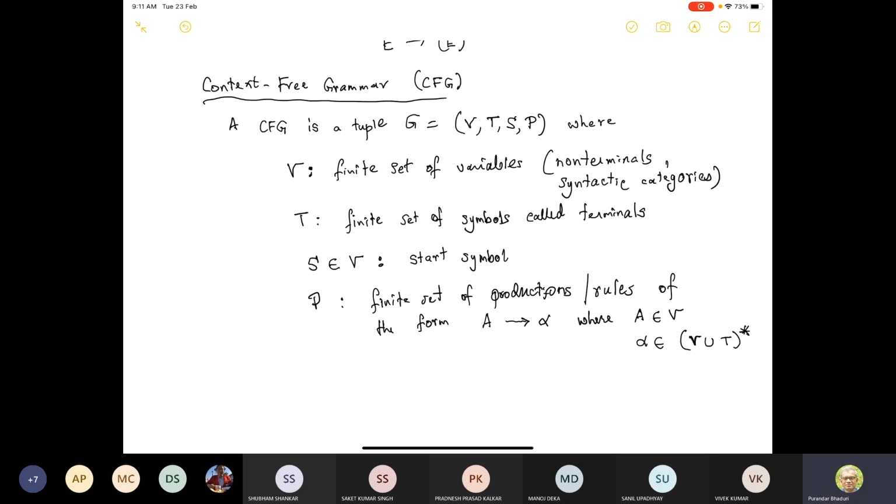On the left-hand side you have a variable, and on the right-hand side of the arrow you have a string which may contain variables and terminals.